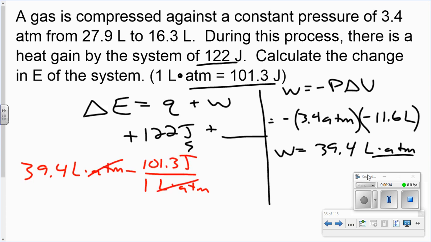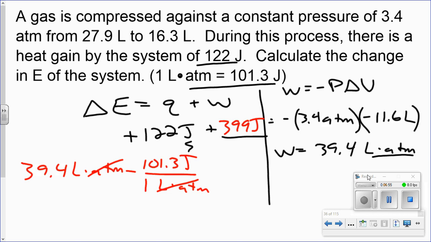So I just have to take 39.4 times 101.3. You end up with 3,991 joules. Okay?